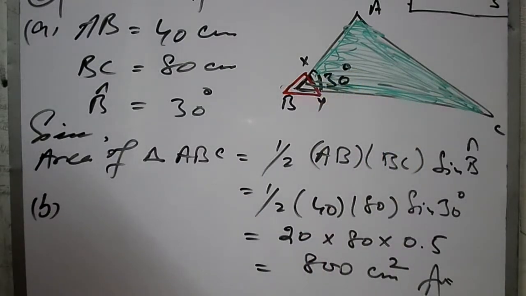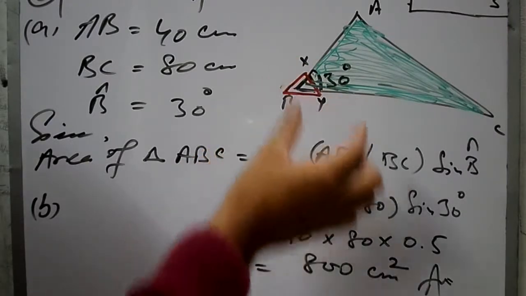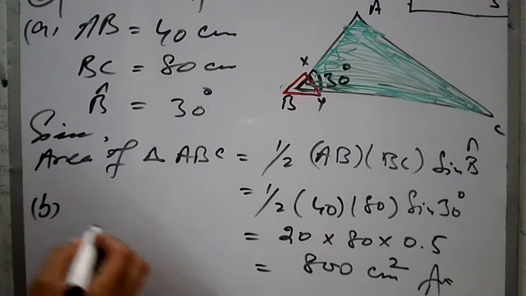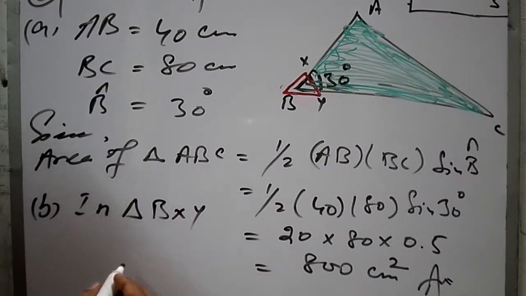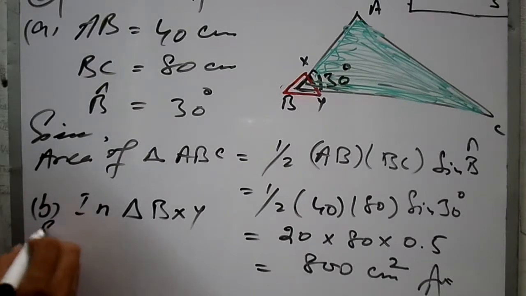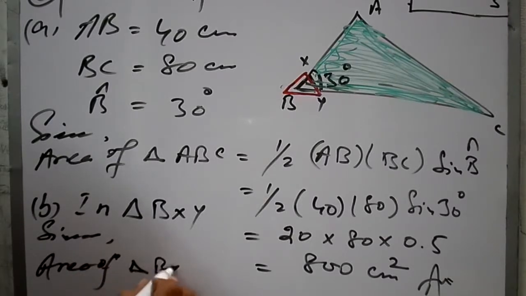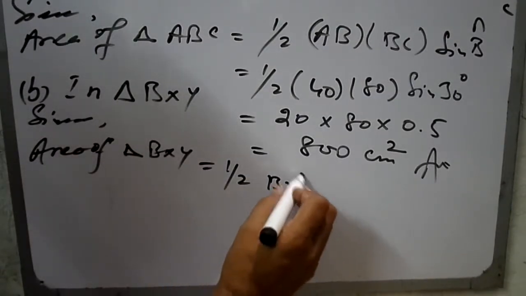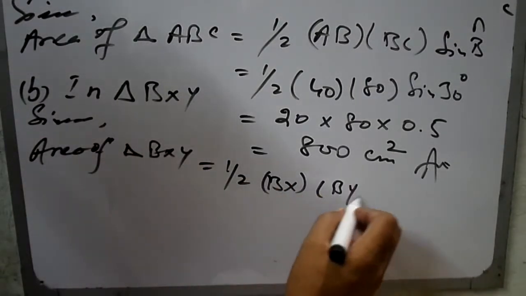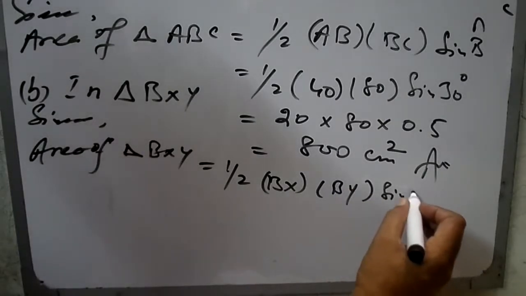So in triangle BXY, now we take the small triangle. In triangle BXY, the area of BXY is equal to half, then BX and BY and sine B, that is equal to 30.